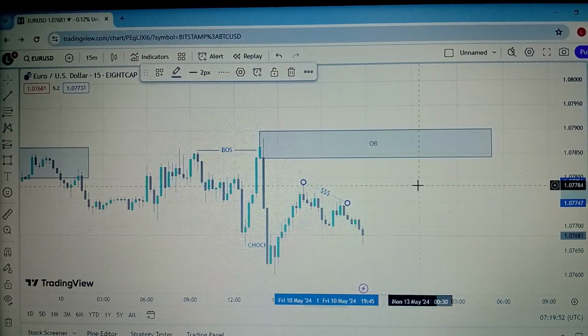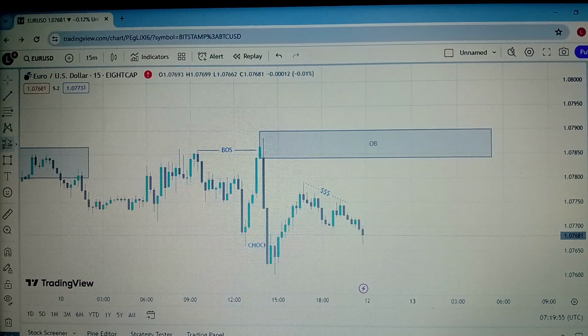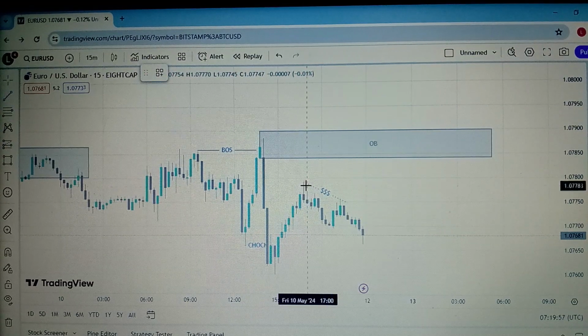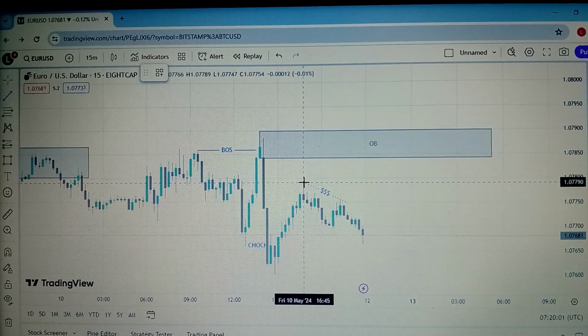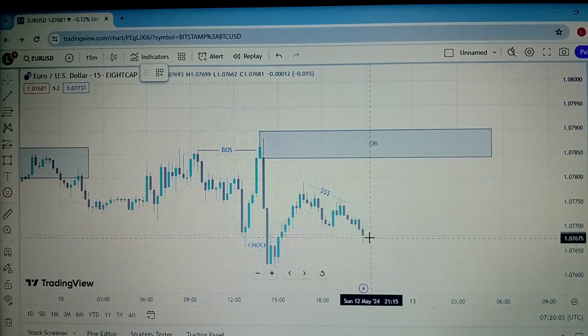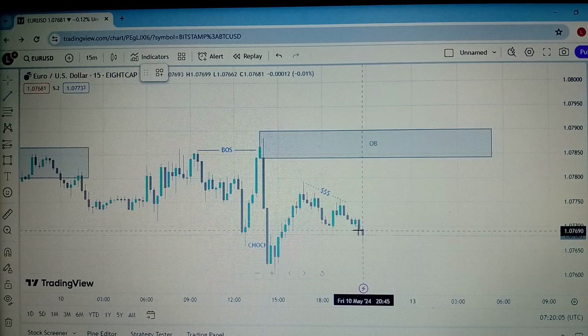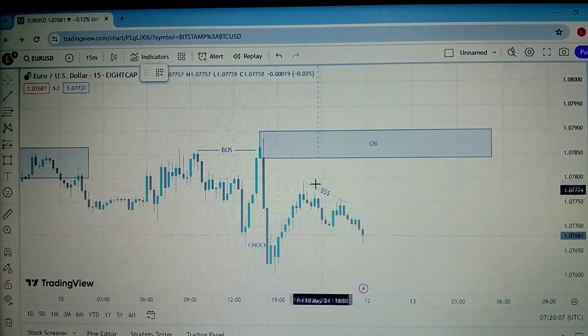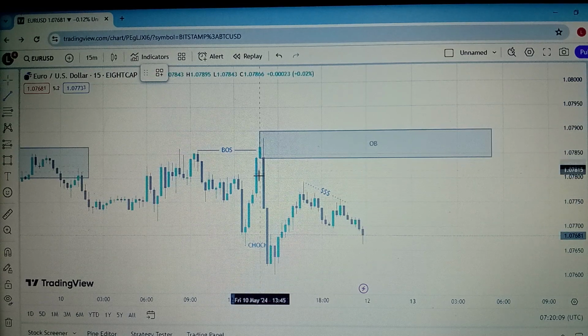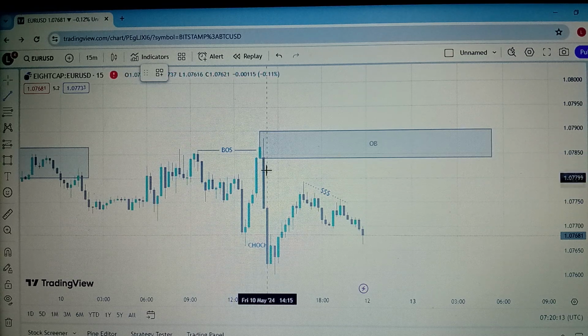Just mark this out like this. Right here we have early sellers. This is just early sellers selling from this fair value gap right here.